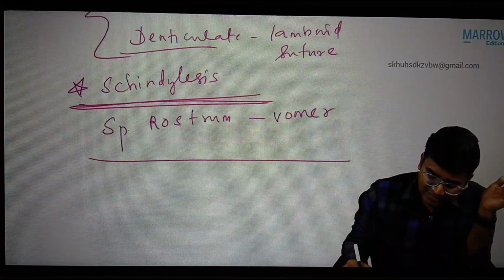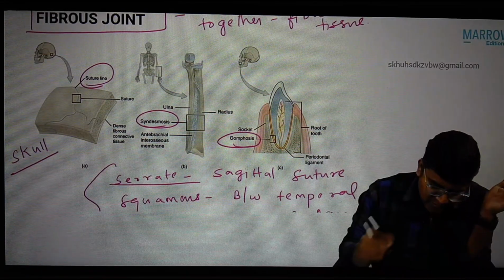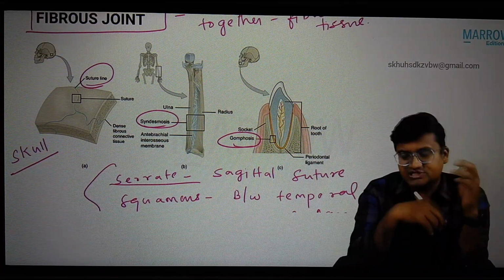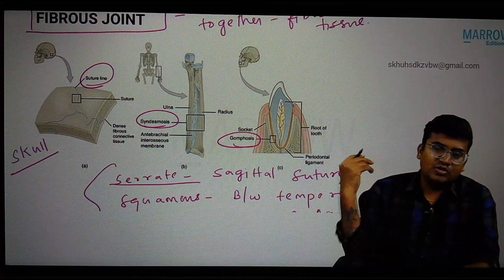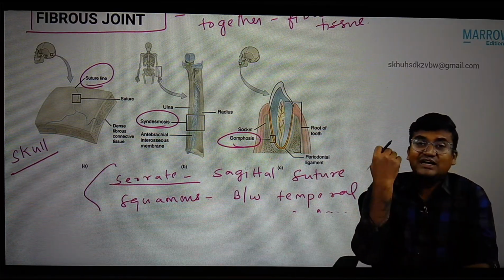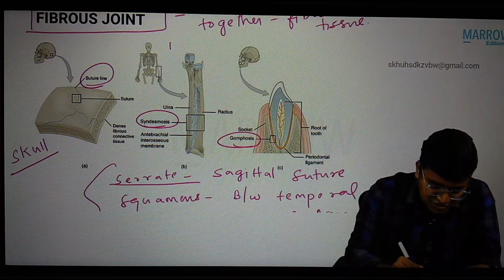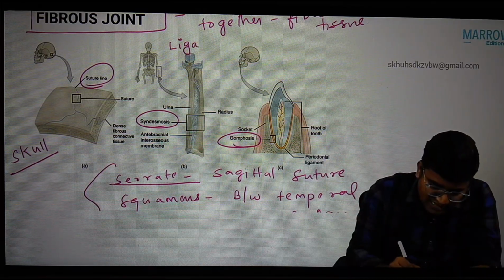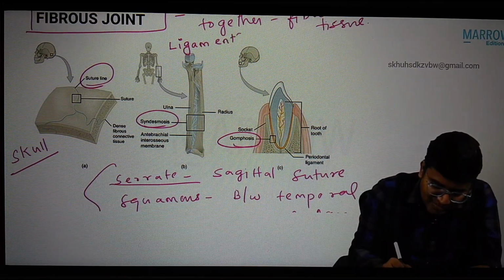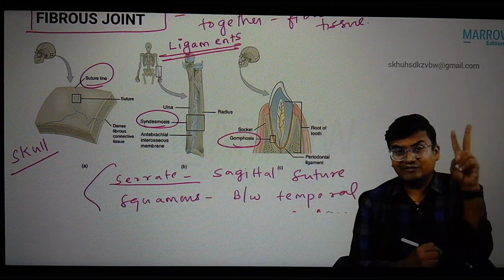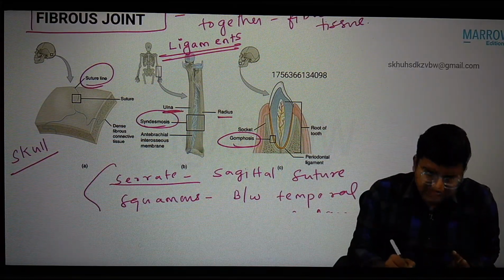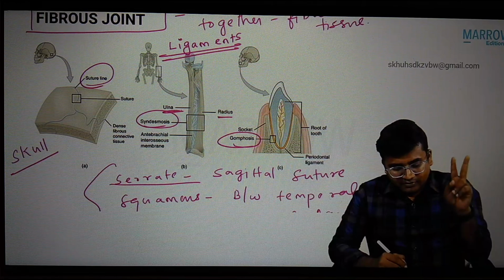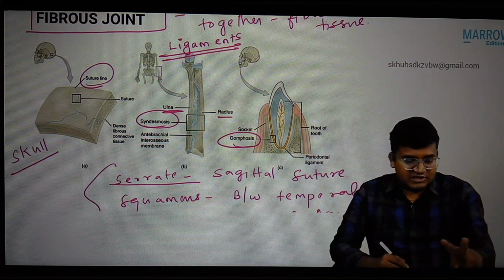Okay. Now, next one, syndesmosis. Syndesmosis means the bones are held together by means of ligaments, a type of fibrous tissue. So we have two examples for the syndesmosis type.